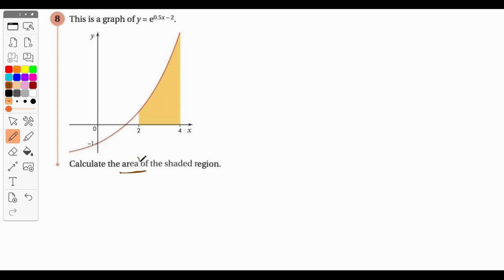So to calculate the area, we say the area is equal to the integral from 2 to 4 of this function, e to the power of 0.5x minus 2 dx.